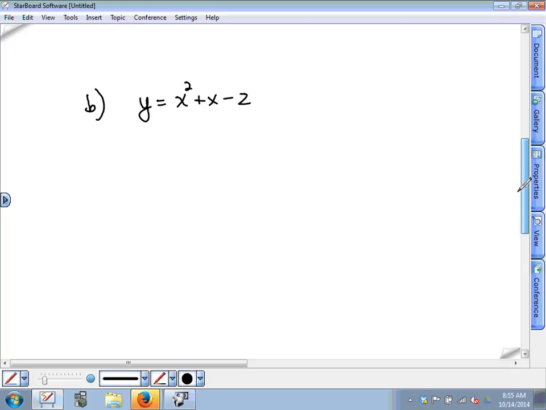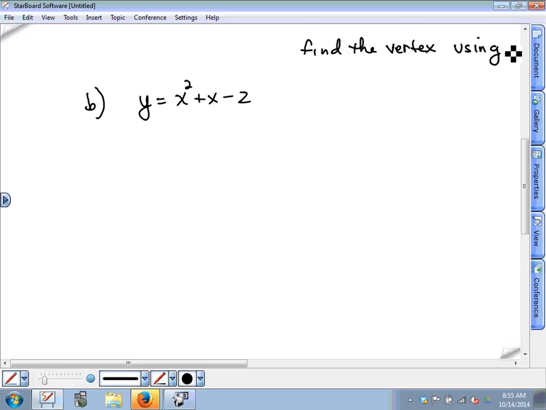I'm going to make a suggestion here. Let's find the vertex an alternate way. We do not have to find the vertex by completing the square and writing it in standard form. Completing the square on this, we would have to use some fractions, which isn't necessarily a bad thing, but it can lead to some pretty simple mistakes. So here's a formula you might have learned last year.